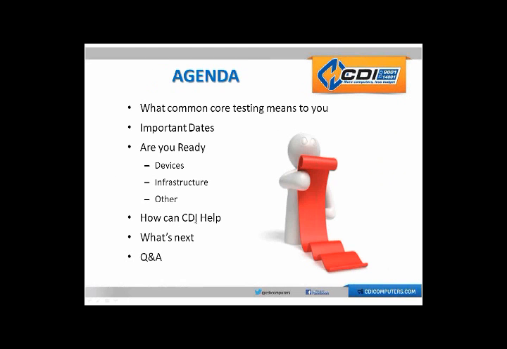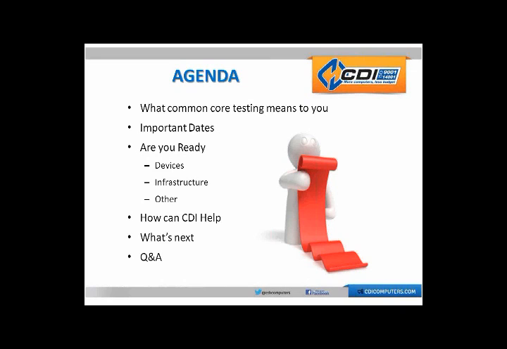Our mission is to talk to you a little bit about what customers are telling us Common Core testing means to them. So we're going to turn that around and talk in terms of what it likely means to you. We'll talk about some important dates of the process, when you have to be fully implemented, things to consider. And then we'll talk in terms of what state of readiness you might be in and give you some ideas of the challenges that folks have had from a device standpoint, from an infrastructure standpoint, and other things to consider.